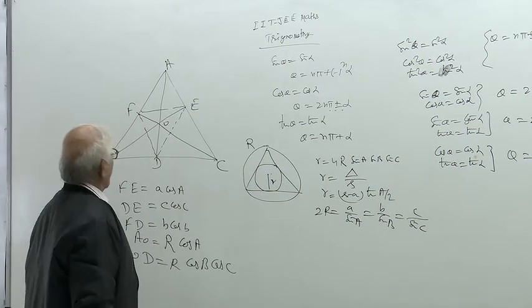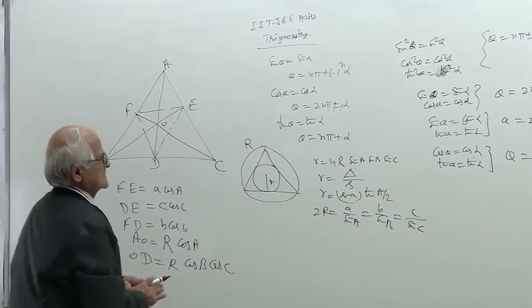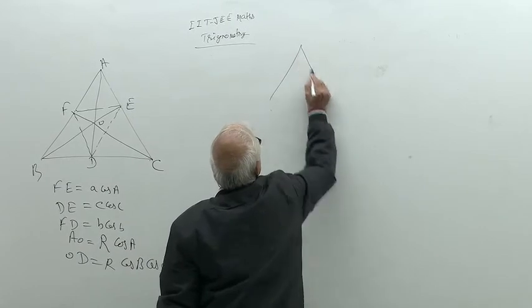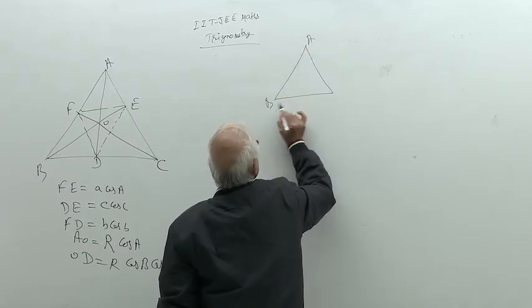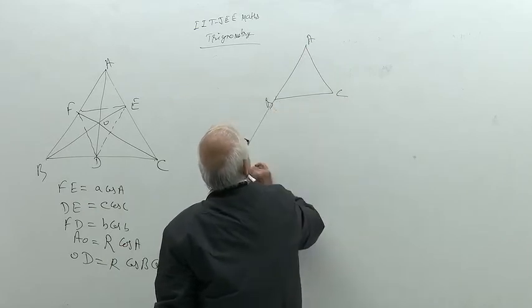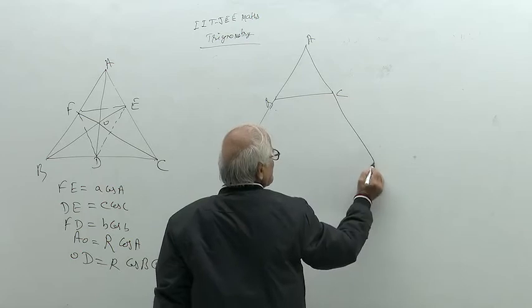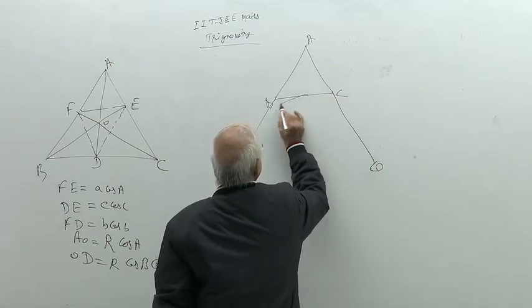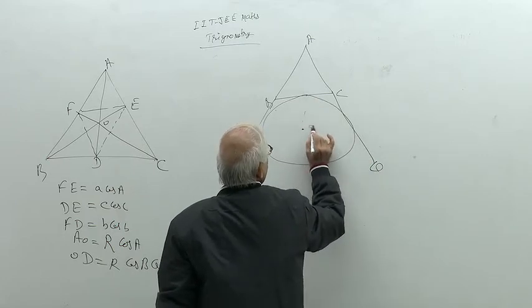Now suppose ABC triangle, we extend AB and AC to P and Q, then the circle is called the excircle, this is I1.